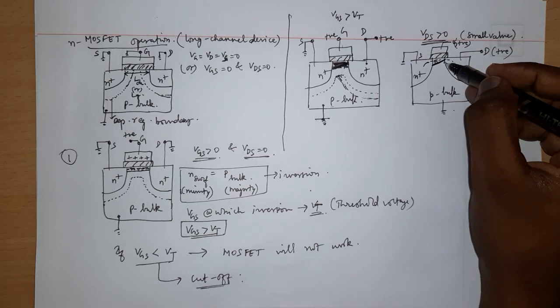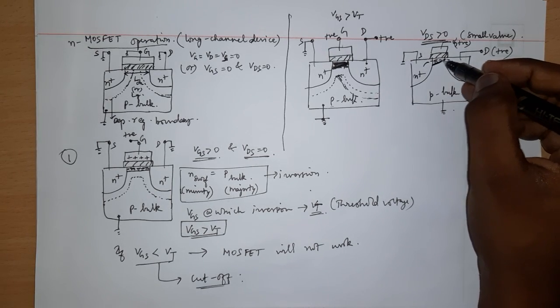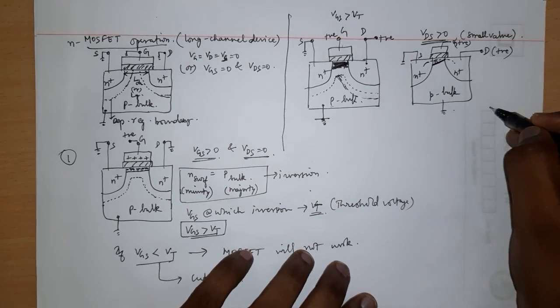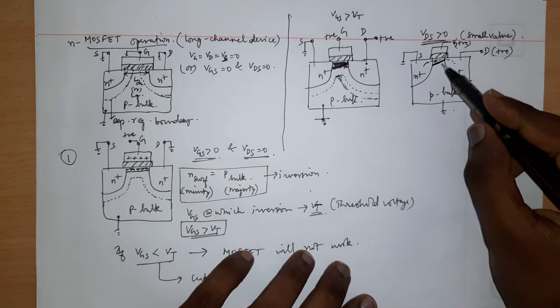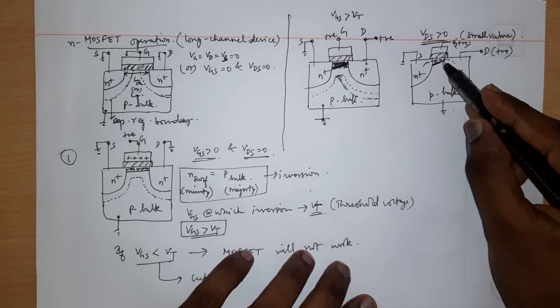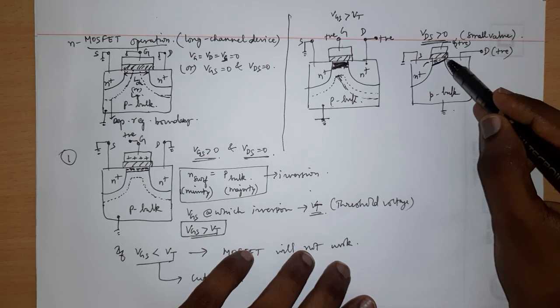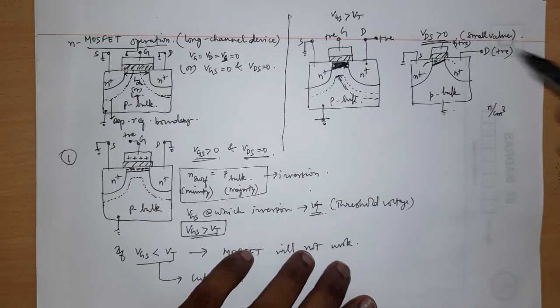So now when I have a reduction in cross section, remember here the concentration will be the same all throughout, but the concentration is number of carriers per centimeter cube, right? So per centimeter cube the number of carriers should remain the same, but if you take the area itself, here it is becoming smaller and smaller, so the total number of carriers here will be less compared to the number of carriers here, right?